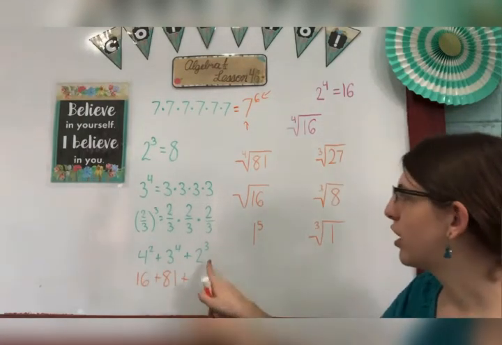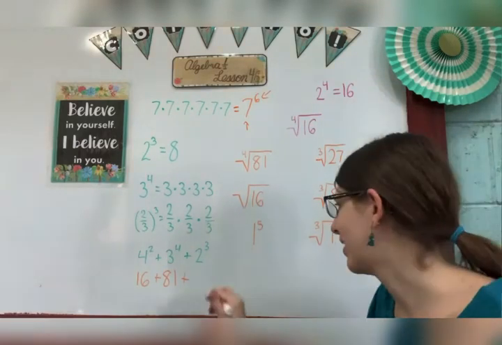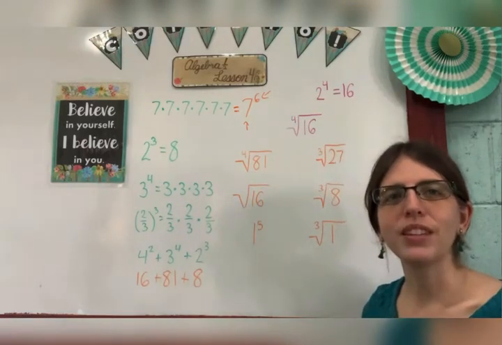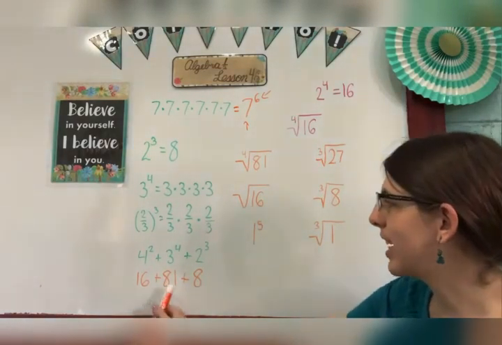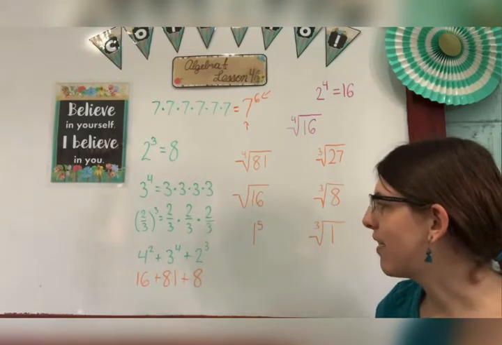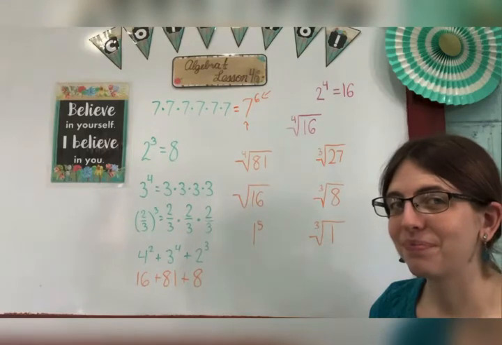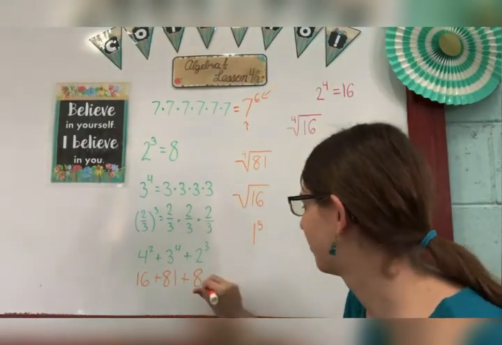Plus, 2 to the 3rd power: 2 times 2 is 4, times 2 more is 8. All right, so that's the first step. Then I need to add it all together. 16 plus 81 is 97, plus 8 is 105, right?